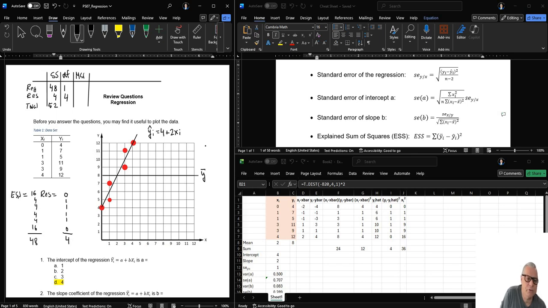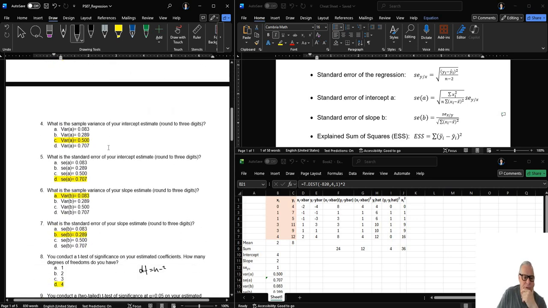So 48 over 1, that's 48. And the average residual of the freely varying observations is only 1. So that means our F statistic is 48 over 1.